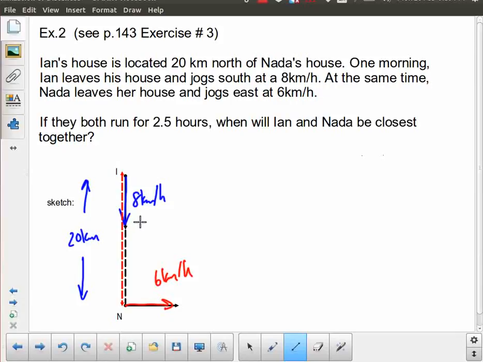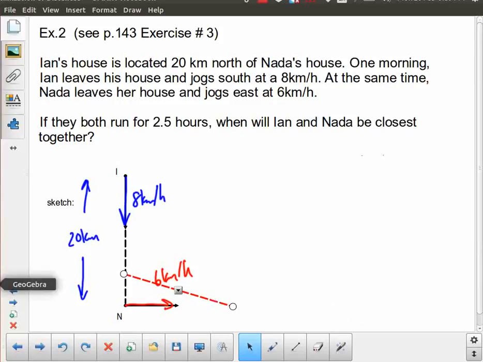As they move, Ian's part moves down, but at the same time, Nada's part moves to the right, and so that's going to be a different distance. Nada will continue to move to the right, and Ian will continue to move down. And so the distance between the two of them is going to vary over time.